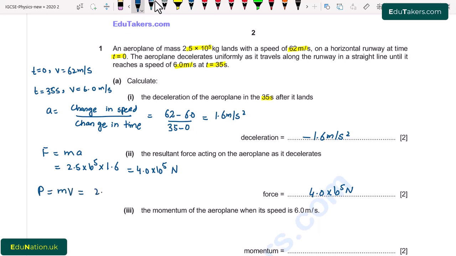Mass is given as 2.5 × 10^5 and speed is 6.0. So I get 1.5 × 10^6. The unit of momentum is kilogram meter per second. So the momentum comes to be 1.5 × 10^6 kilogram meters per second.